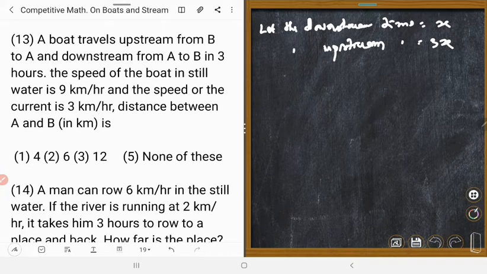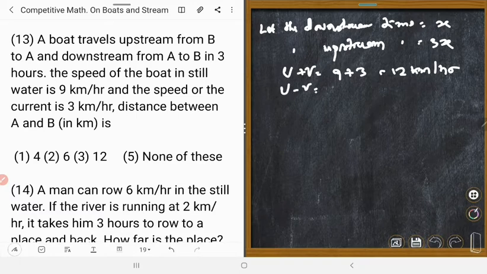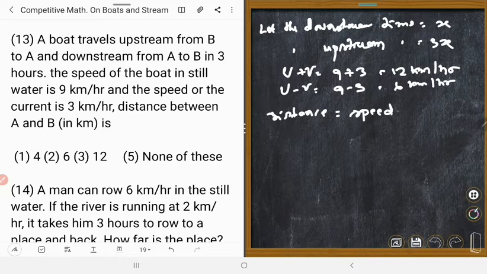Speed in downstream, u plus v, is equal to 9 plus 3 is equal to 12 km per hour. And speed in upstream is equal to u minus v is equal to 9 minus 3 is equal to 6 km per hour. Could you understand? Distance is equal to speed into time. Right? Could you understand?